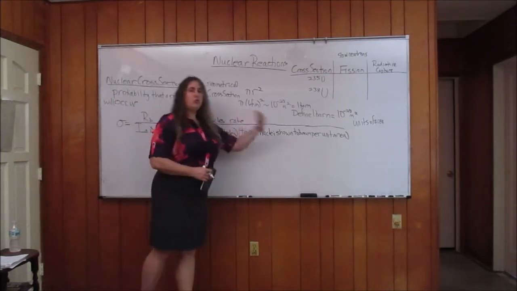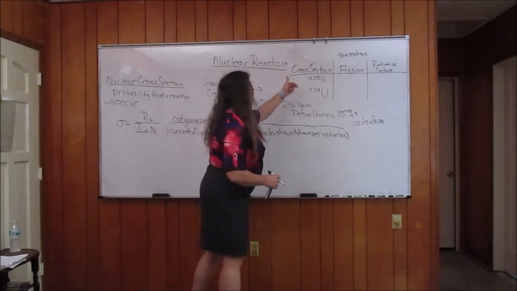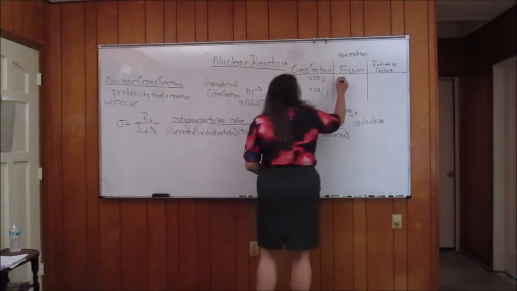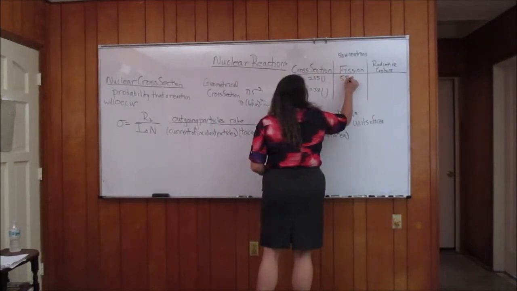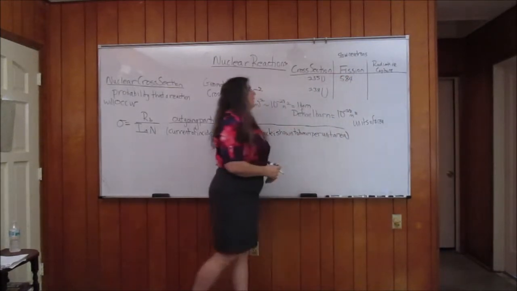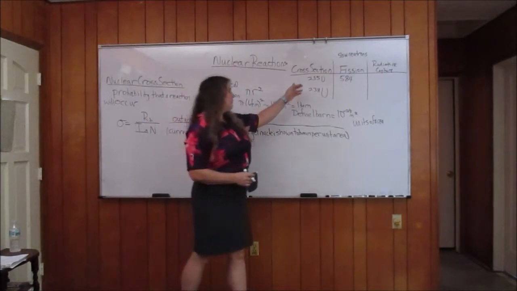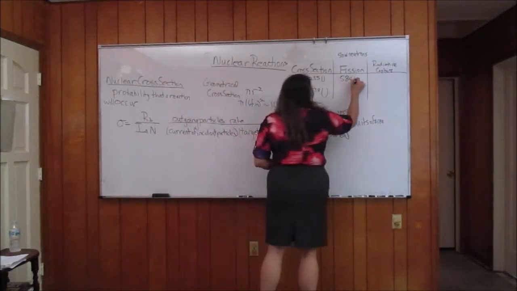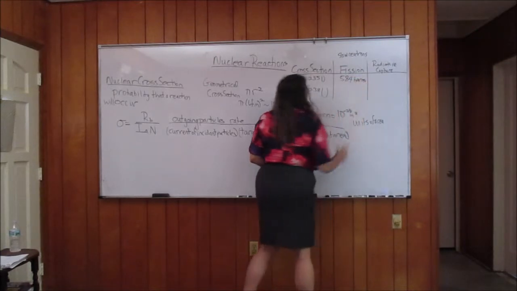Now, the actual nuclear cross-sections for uranium-235 and 238 are different. In fact, for fission to occur, and that's the reaction of a neutron, a slow neutron, with uranium-235, that's equal to 584 barns.